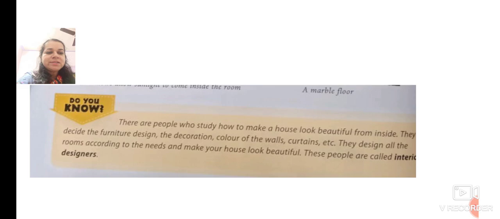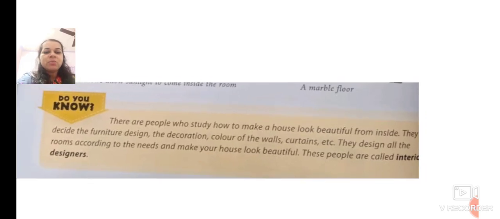They decide all this according to our need. The people who want interior decoration done have to pay money to the interior designers. The people who design our house are called interior designers.